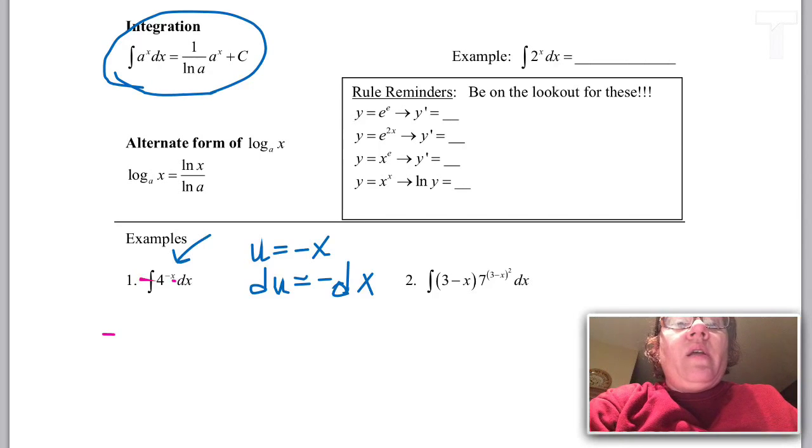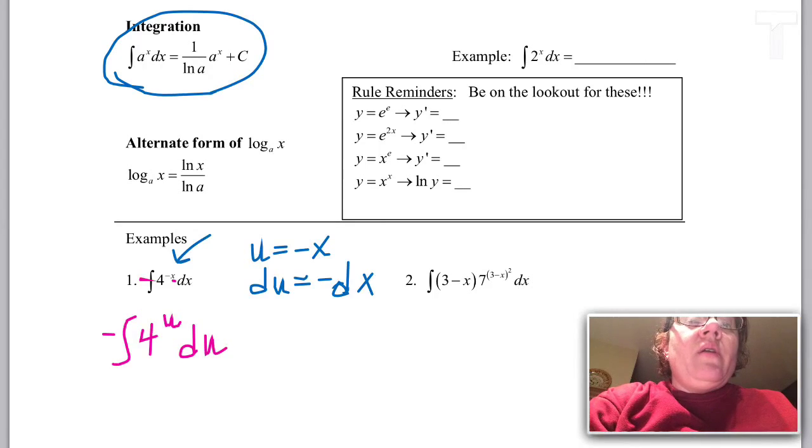So now I'll have negative the integral of 4 to the u du. And now I can use my rule up above, which says, so keep in mind that the negative is still hanging around out front.